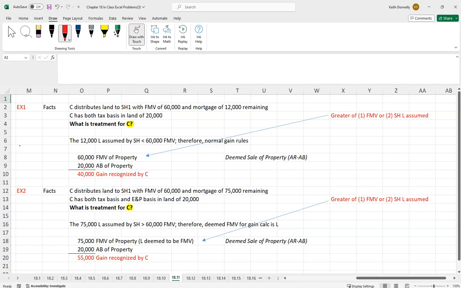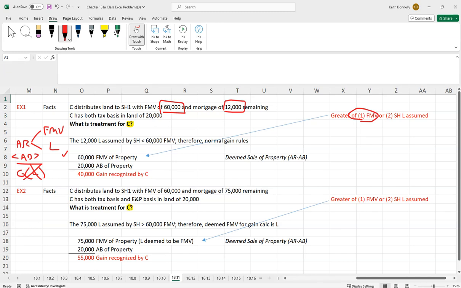So we know that they push out this land. It's amount realized minus adjusted basis. Realized gain or loss, you don't get the losses. The amount realized is the greater of fair market value, in this case 60, or the liability the shareholder assumed, 12. What's the winner there? Well, fair market value, 60, is bigger than 12, we'll use that.